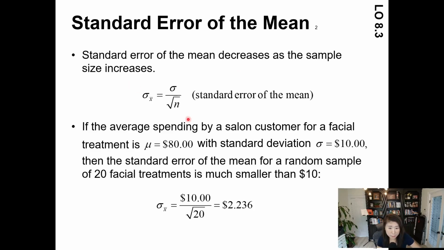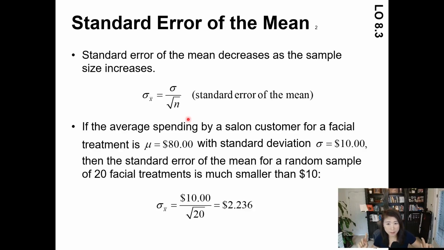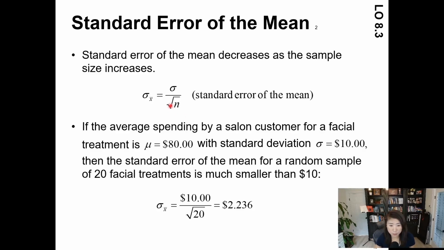That means if your sample size gets larger and larger, the variation of the sample mean will become smaller and smaller, and you can imagine if it gets extremely large, sigma x bar might become 0. That means your sample mean becomes your population mean, because the variation disappeared. So this is the relationship.